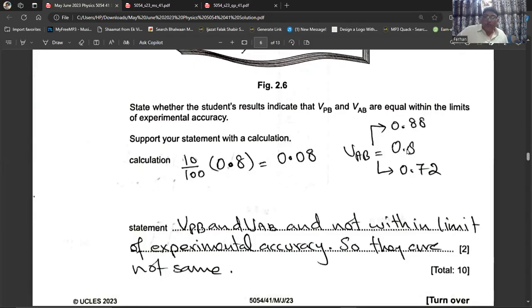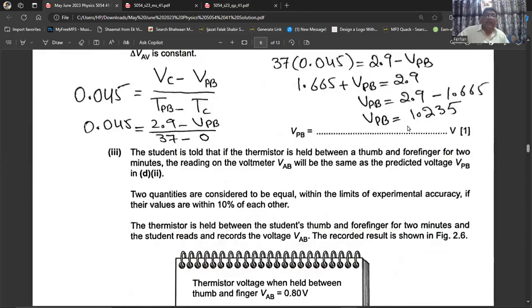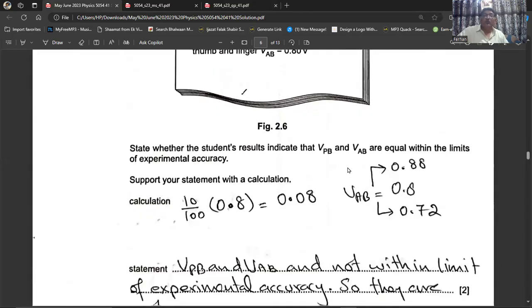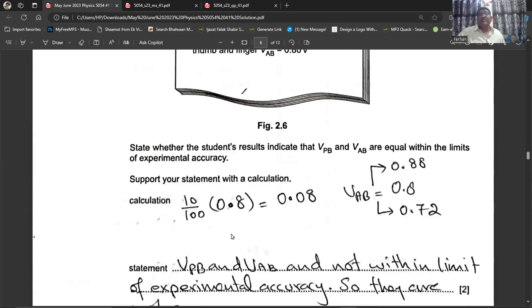If from 0.8 I subtract this value, I get 0.72. So 10% above and 10% below will be from 0.72 to 0.88. But the VPB value is 1.2, which is not in this range.